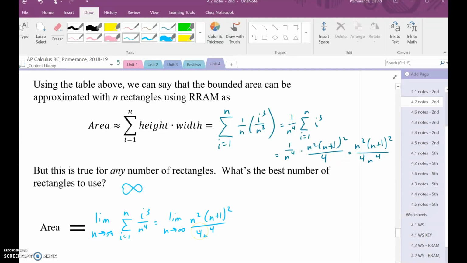So all we have to do now is evaluate the limit. And again, that's an end behavior question. We have got an n to the fourth as our most significant term on the top, and we've got a 4n to the fourth on the bottom, and that reduces down to 1/4, and that is in fact the area bounded by the curve. That is an exact answer.